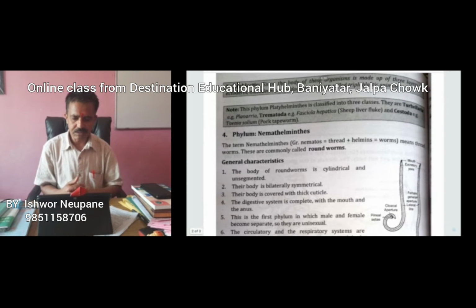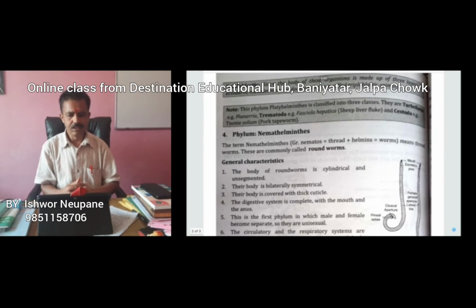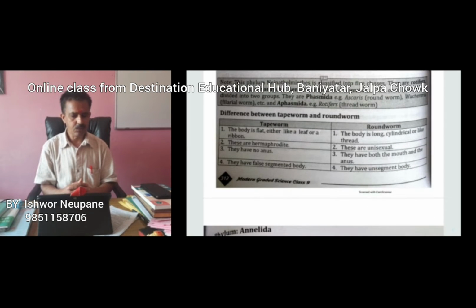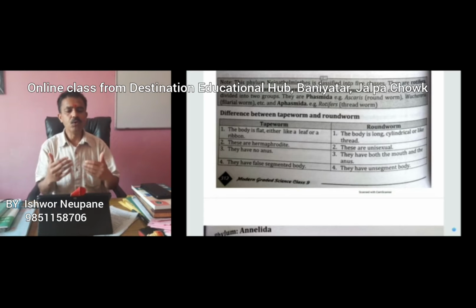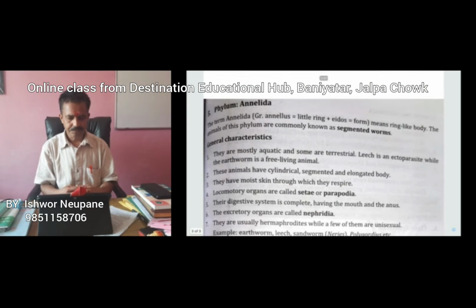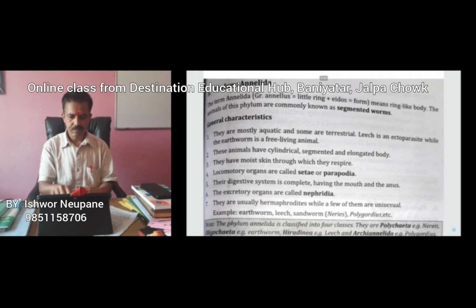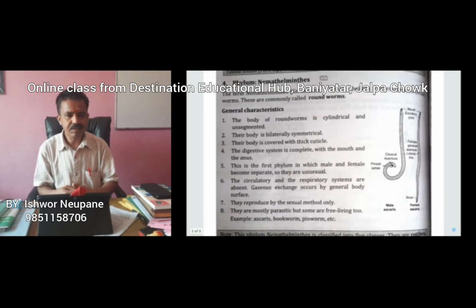Yesterday we have completed up to Coelenterata, right? And in today's class, what are you going to discuss? We are discussing about some more phyla. So those phyla are given here. First phylum is Platyhelminthes.